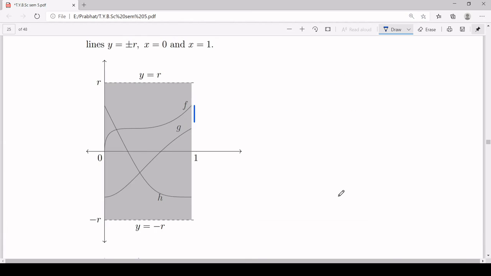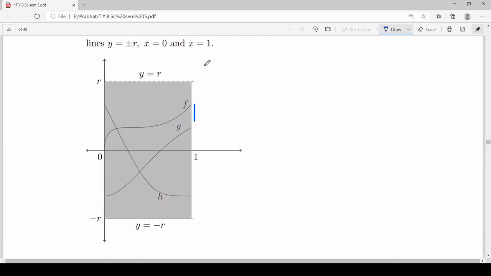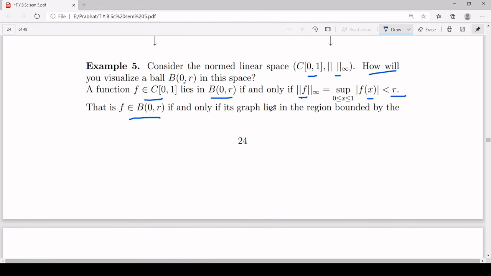So it will never cross the lines y equal to r and y equal to minus r. If the graph of f lies inside this region, then you will say that f belongs to the open ball B(0, r) inside the normed linear space C[0,1] with norm infinity.